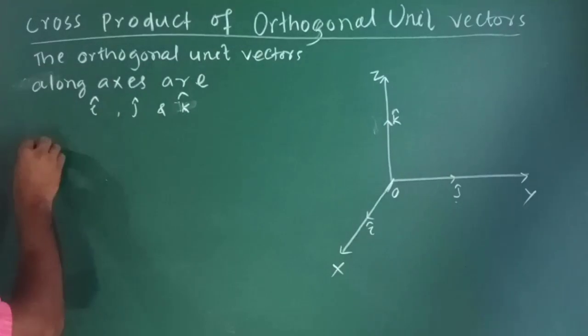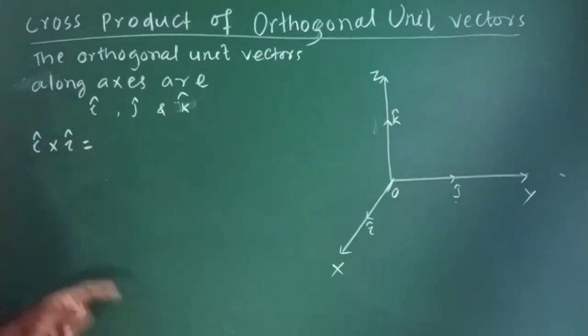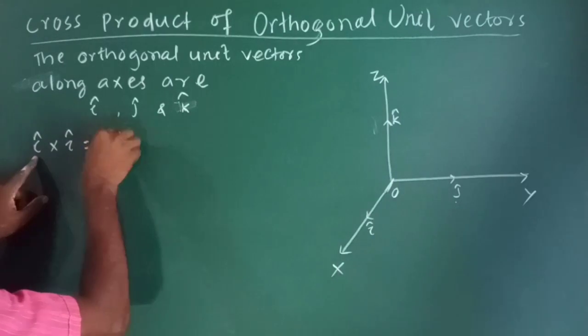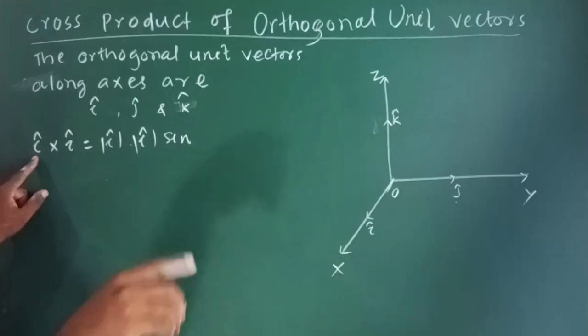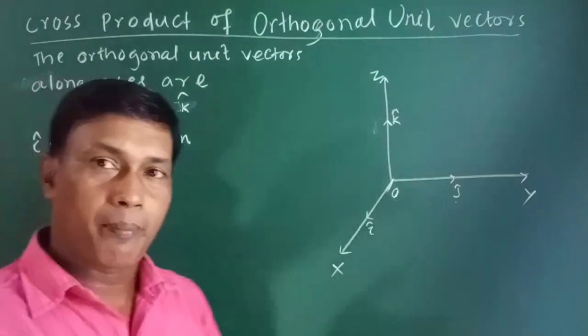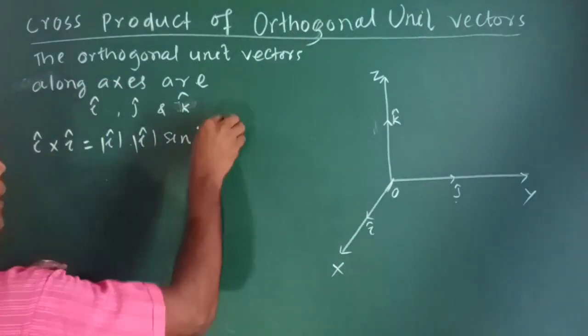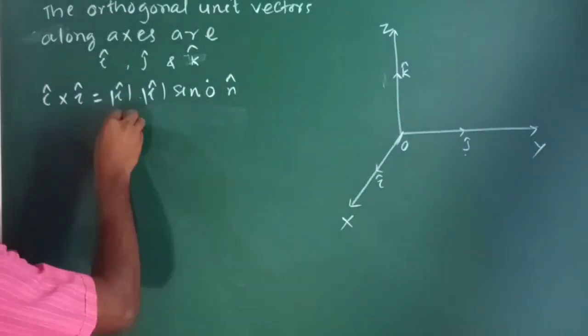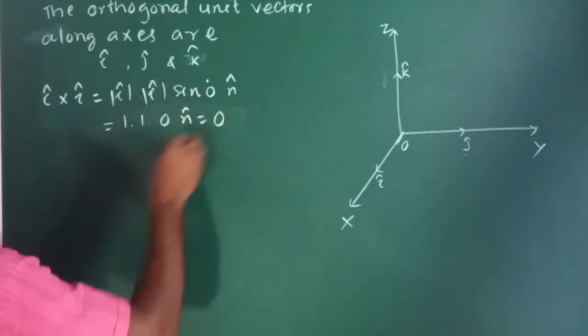Now first is i cross i. According to the definition of a cross product, magnitude of i into magnitude of i into sine theta. The angle of a vector with itself is 0, into n cap. This is 1, 1, 0 into n cap, which is 0 vector.